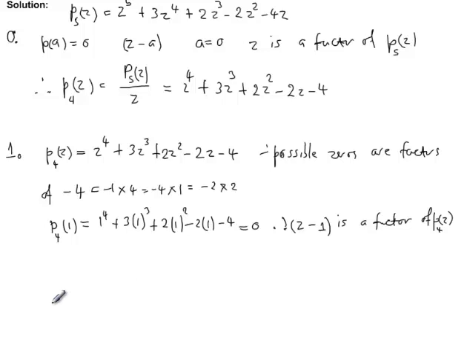So now, what's going to happen now? Then we can say now P3 of Z is going to be P4 of Z divided by Z minus 1. So as you can see now, we cannot do the same way we did with Z. All together? Okay.